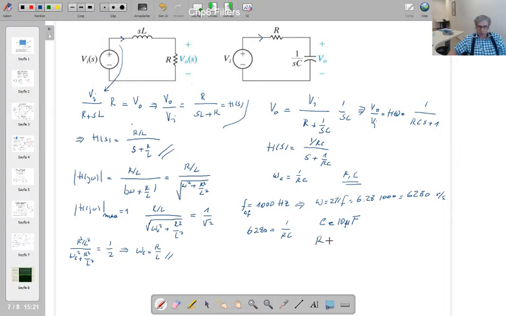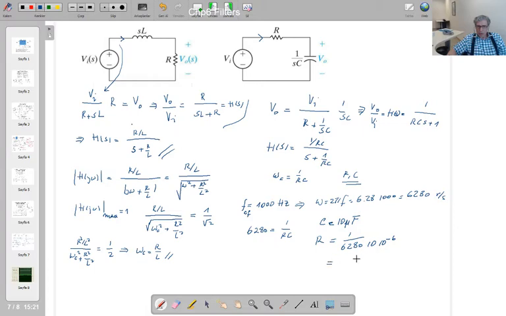R is 1 over 6280 times 10 microfarad, 10 to the power of minus 5 is micro.